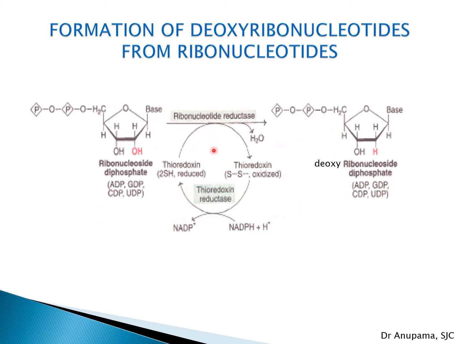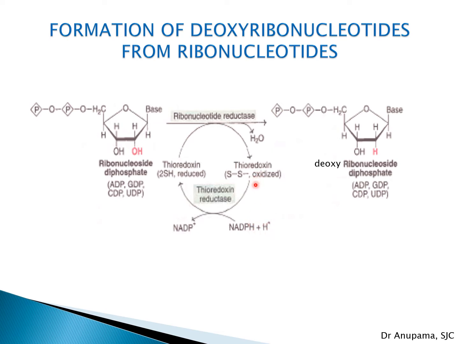This reaction requires the cofactor thioredoxin which contributes the reducing groups, and finally thioredoxin gets oxidized and we get deoxyribonucleoside diphosphates here. This thioredoxin can be obtained again by thioredoxin reductase, which requires NADPH as the donor for the reducing groups.